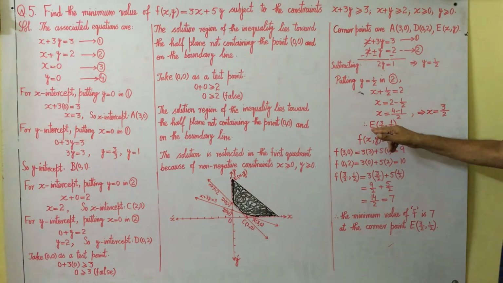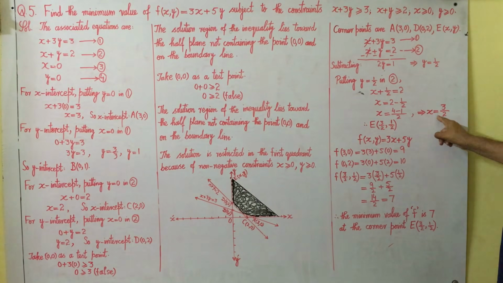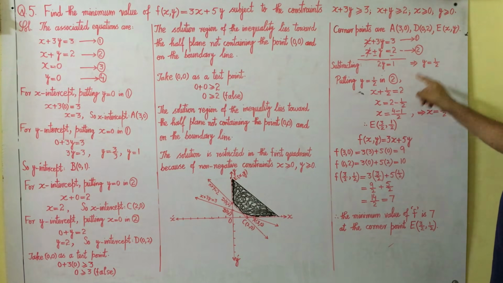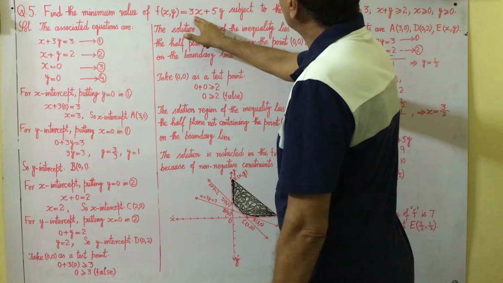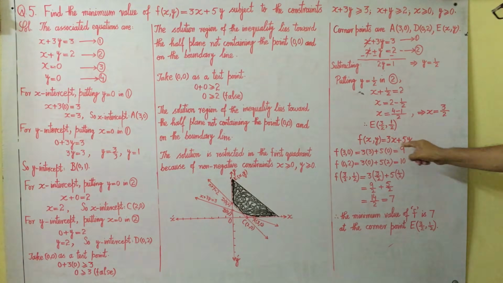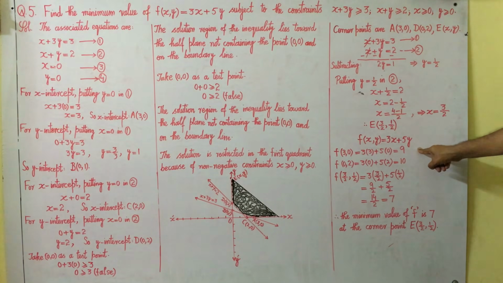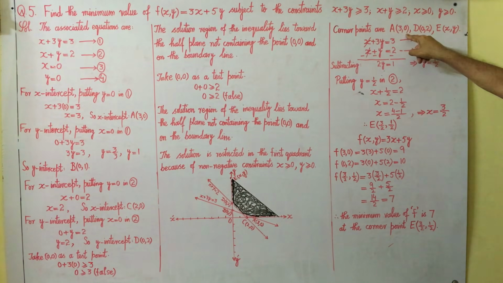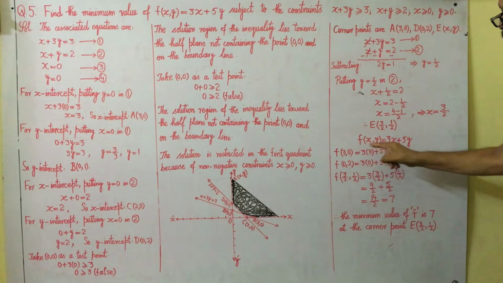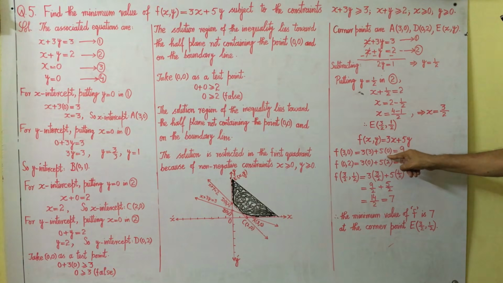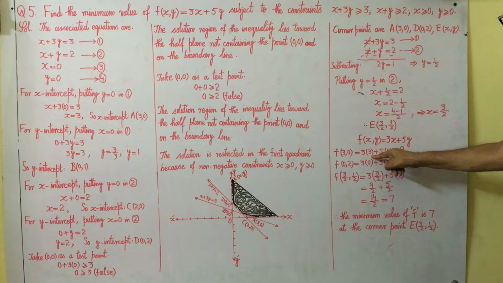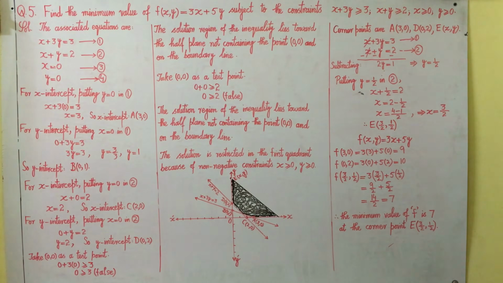So E point has x coordinate 3/2 and y coordinate 1/2. F(x, y) = 3x + 5y. So f(3, 0), putting x = 3 and y = 0: 3 into 3 plus 5 into 0, 5 zeros are 0, 3 3s are 9, plus 0 is 9.